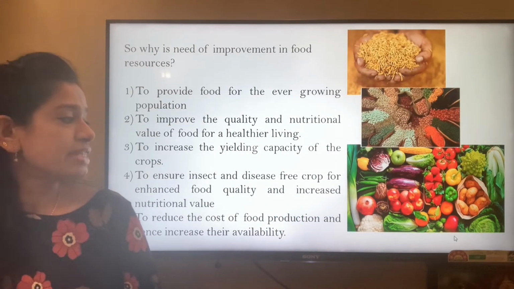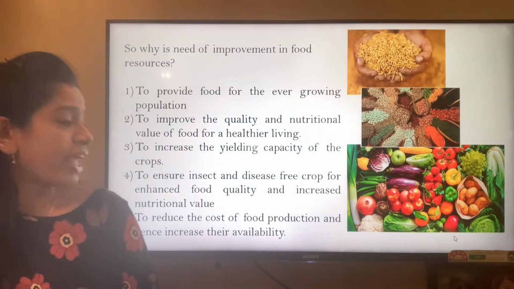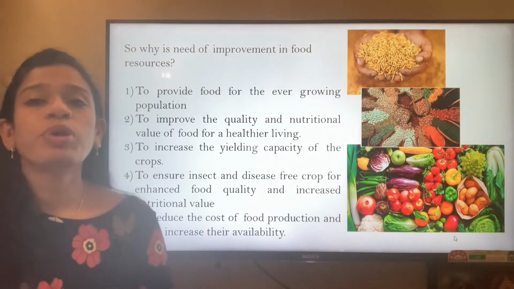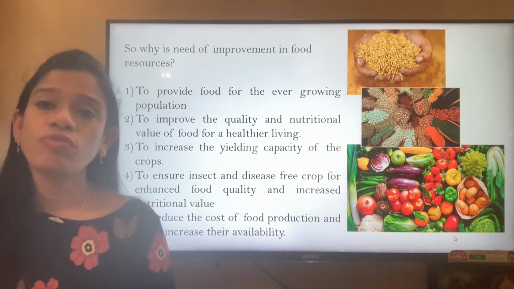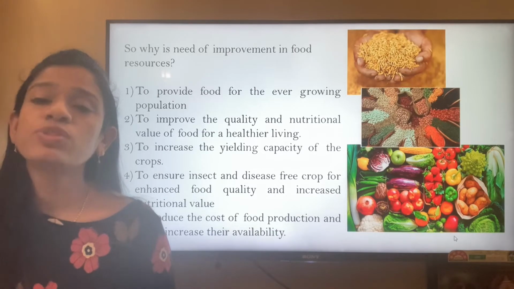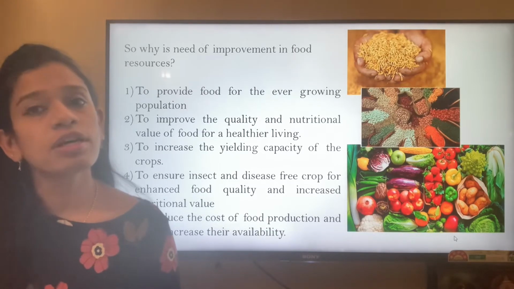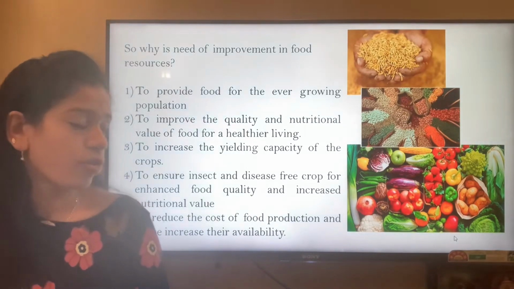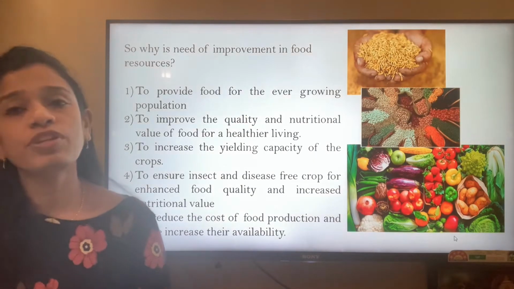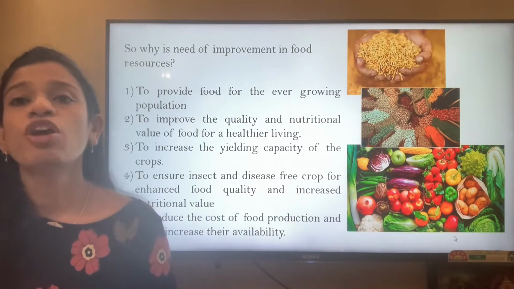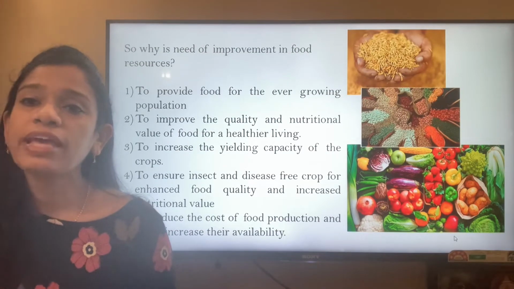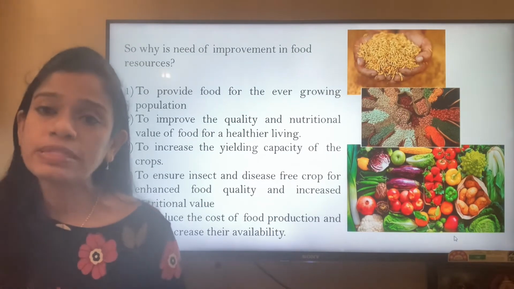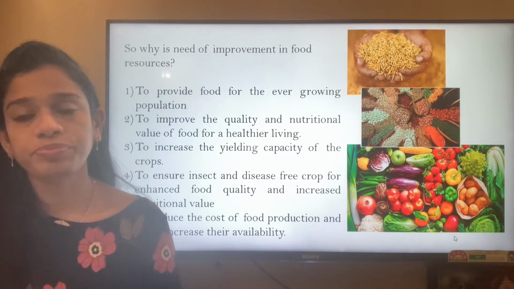It ensures insect and disease-free crops for enhanced food quality, because insects and pests always affect the quality of the food and also the yield of a particular crop. And finally, it reduces the cost of production to make the food available to all sections of society.